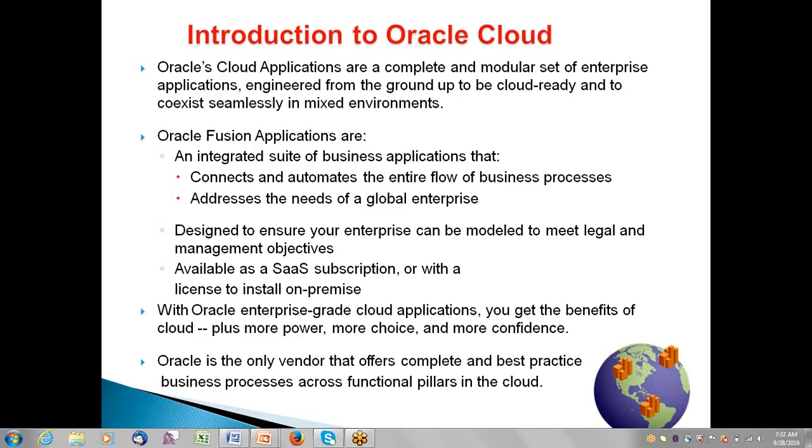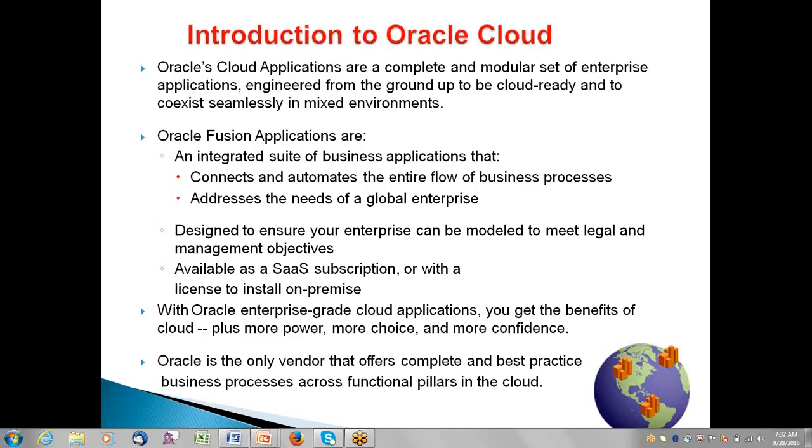Though we say Fusion applications are mainly focused on the cloud or software as a service, still if some customers want to implement them on premise, yes, they can very well buy the license and go ahead with the traditional on-premise implementations.